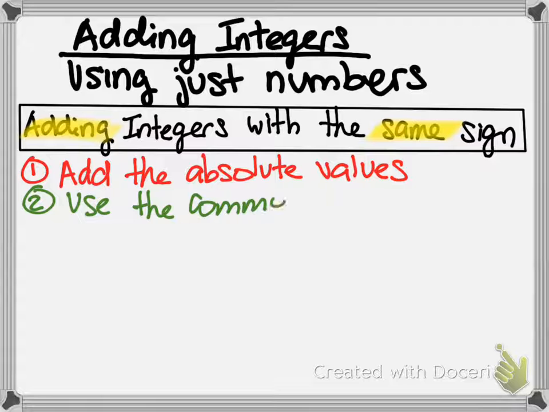This one is a little bit difficult to explain unless we're working on an actual problem, but the sign is either going to be positive or negative, depending on whether we're using positive or negative numbers. So this will hopefully make more sense once we work on an example.